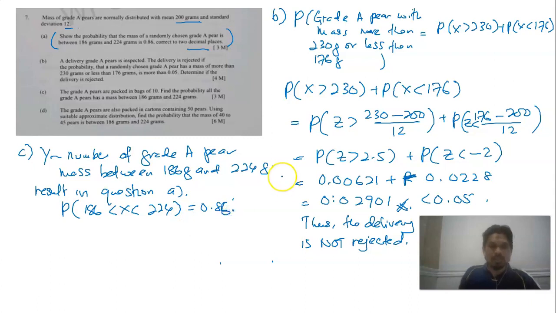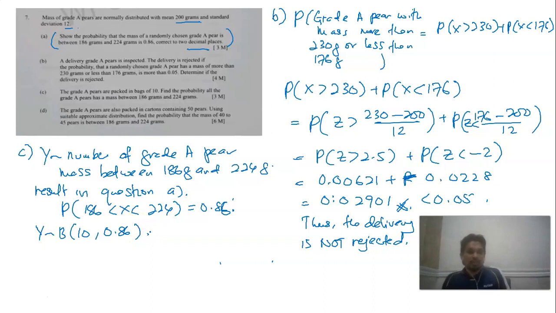This is the result that we got in the solution of A just now. Please refer to your own solution there. So then Y is binomially distributed with 10 bags, in a bag of 10, with a probability of 0.86. So we use the result in question A to solve question C here.